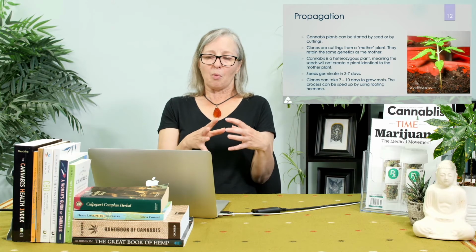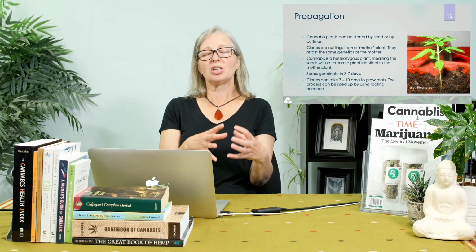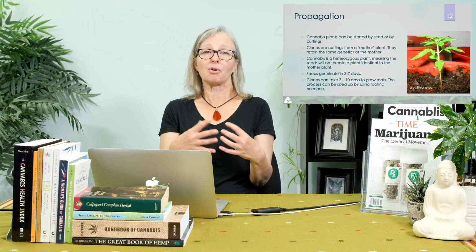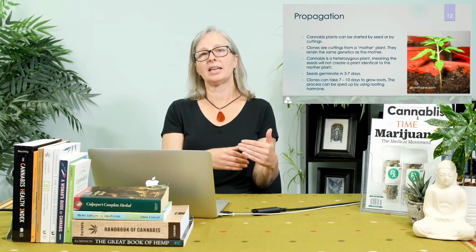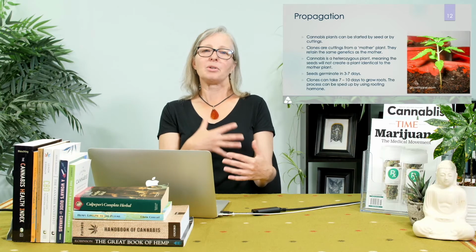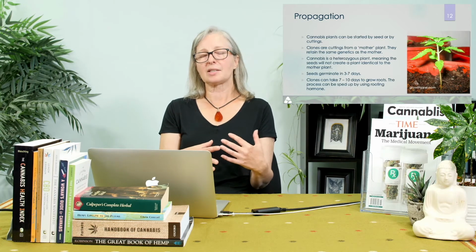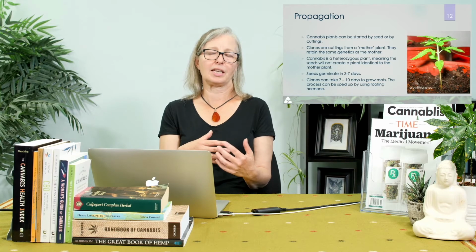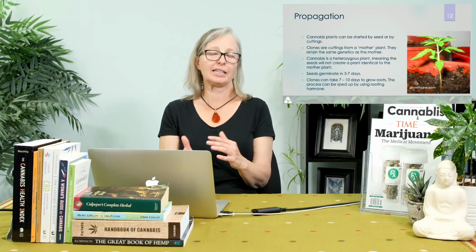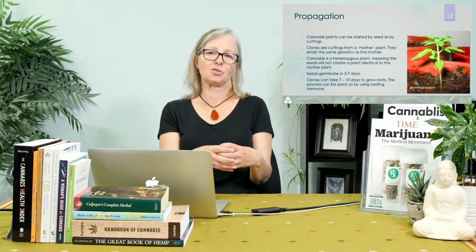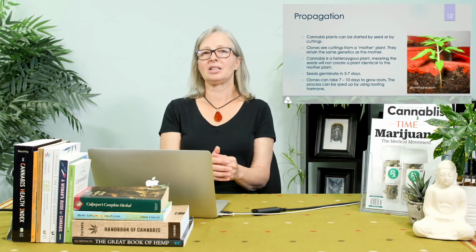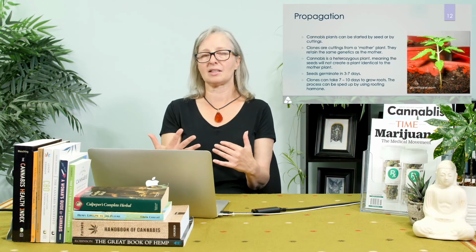When you have a clone, the genetics of that clone, meaning the properties of it, will be exactly the same as the mother plant. But just know that growing conditions may change the cannabinoid content and the terpene content a little bit. If that plant is grown in the exact same conditions as the mother plant, then you'll have exactly the same properties.